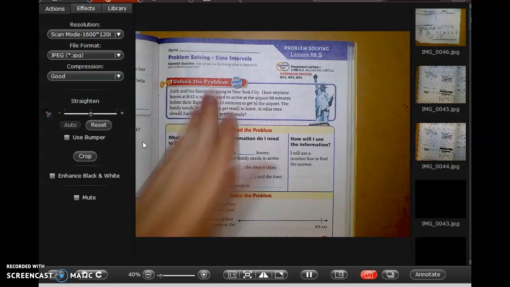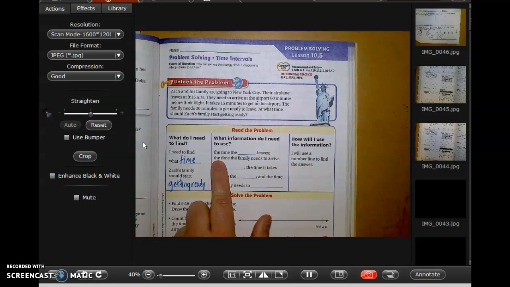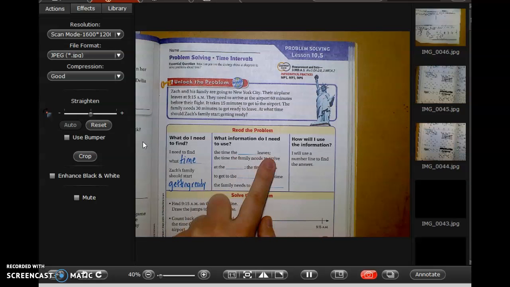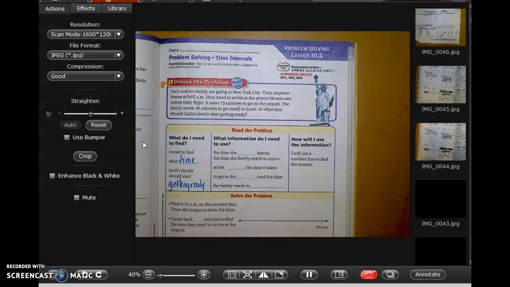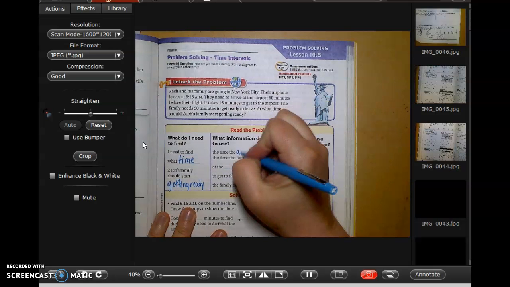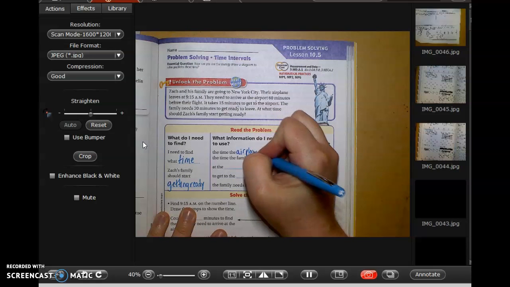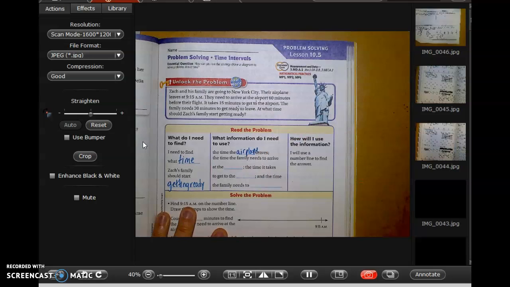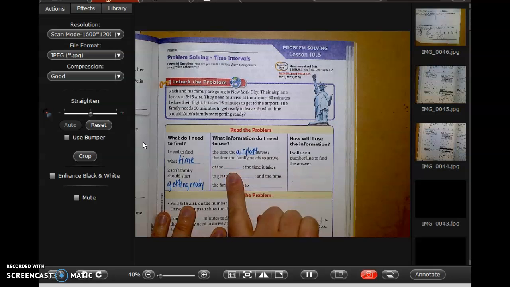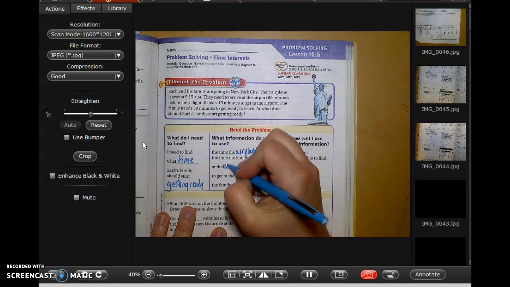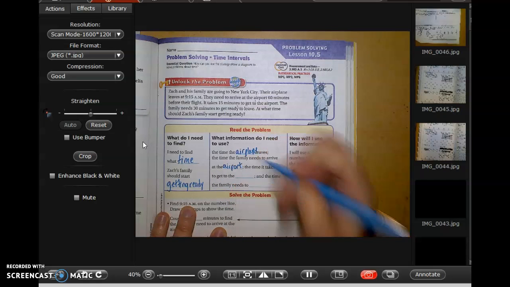So a lot of information there. What do we need? The time the airplane leaves, and the time the family needs to arrive at the airport, because they can't leave when they cannot arrive when the airplane is leaving.